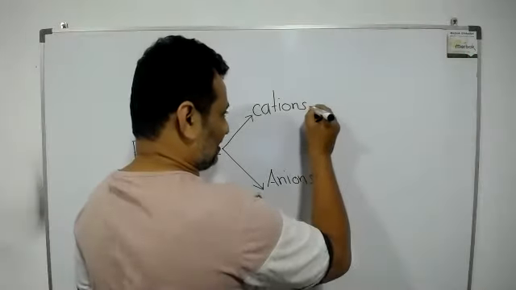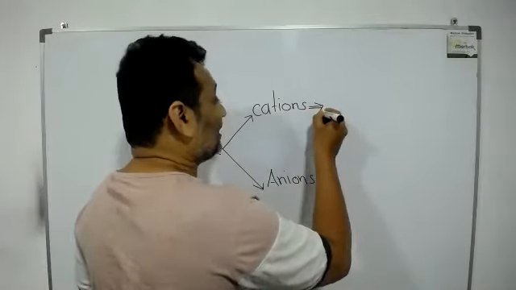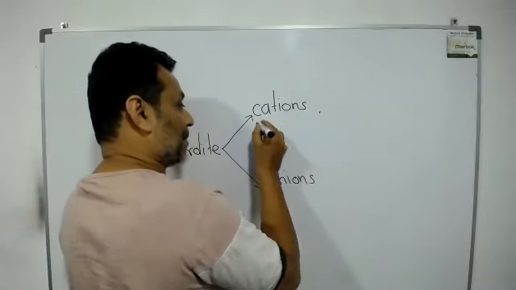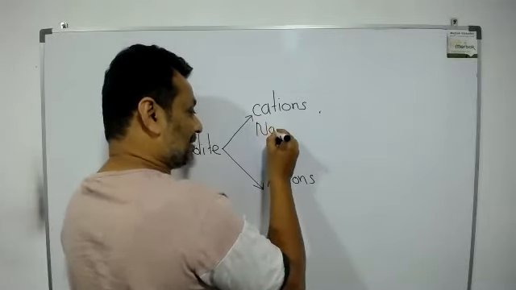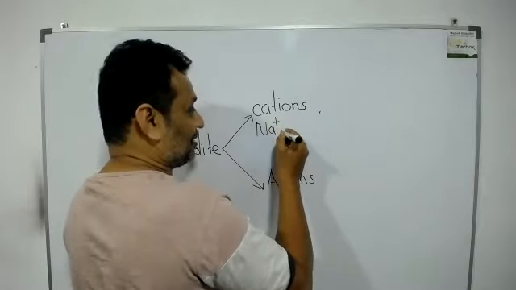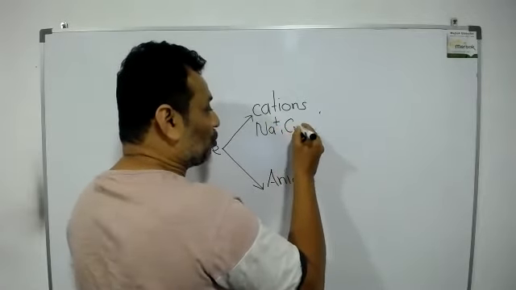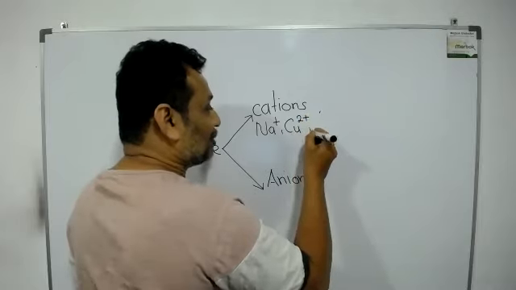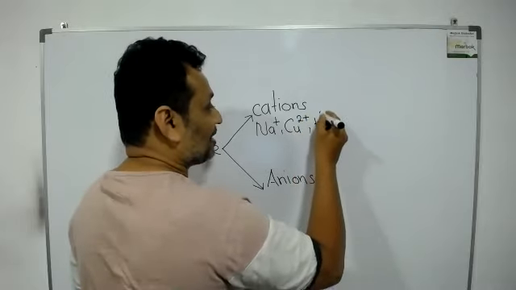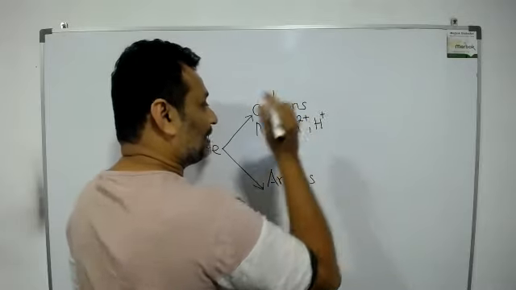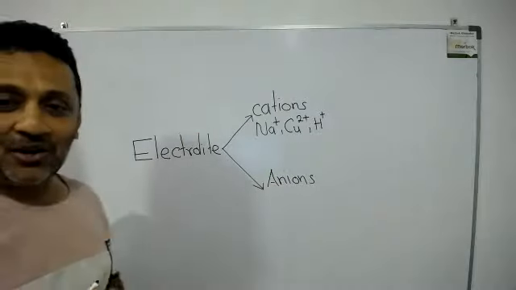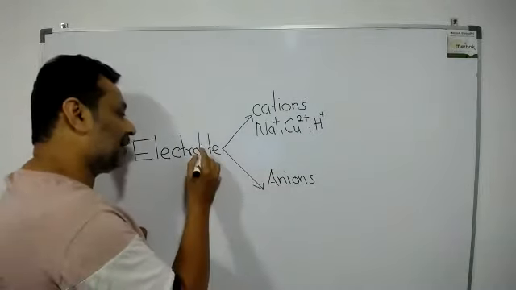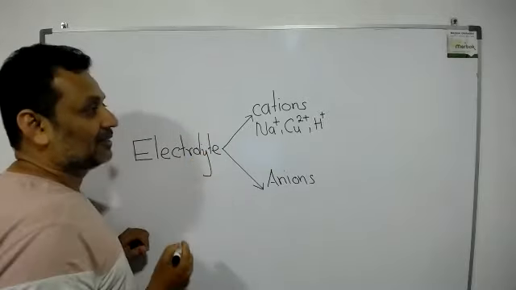Within the syllabus, these cations are there. Na plus, Cu2 plus, H plus are the three cations that are possible to stay in an electrolyte.